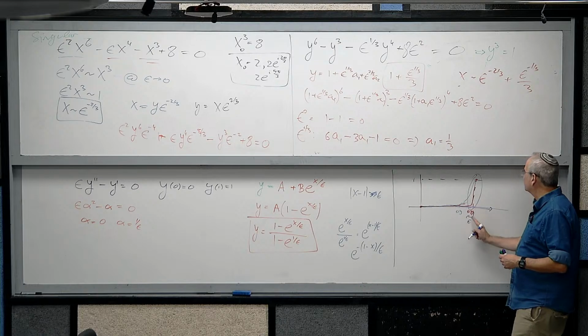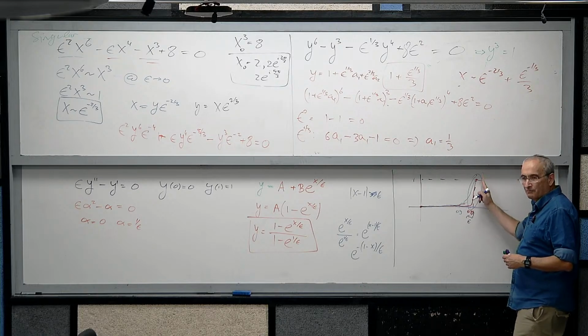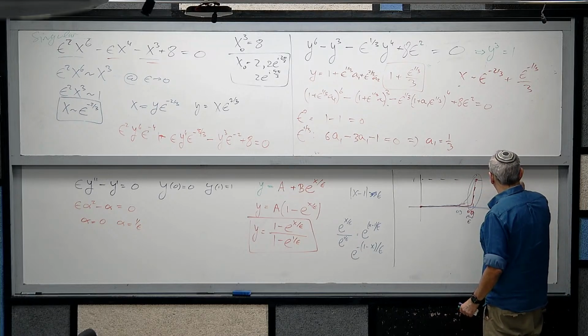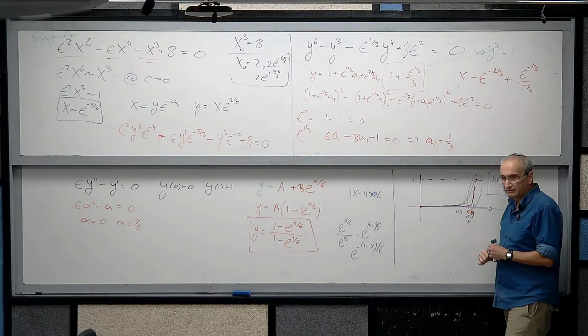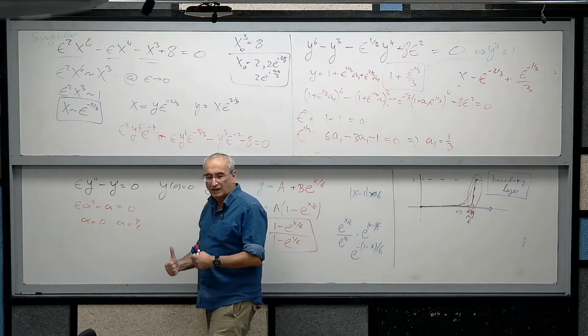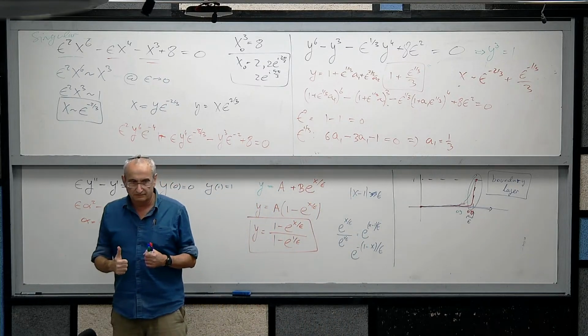And in this region, we have a completely different behavior. Such a region is called a boundary layer. And this is an example, again, of a singular perturbation theory.